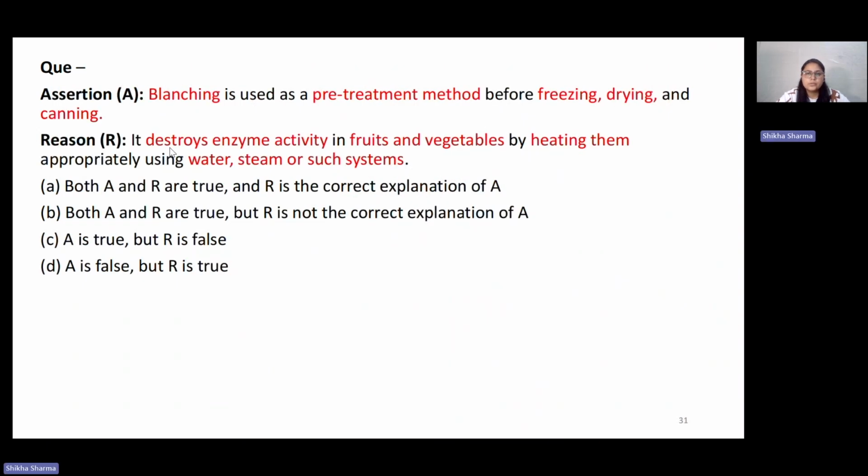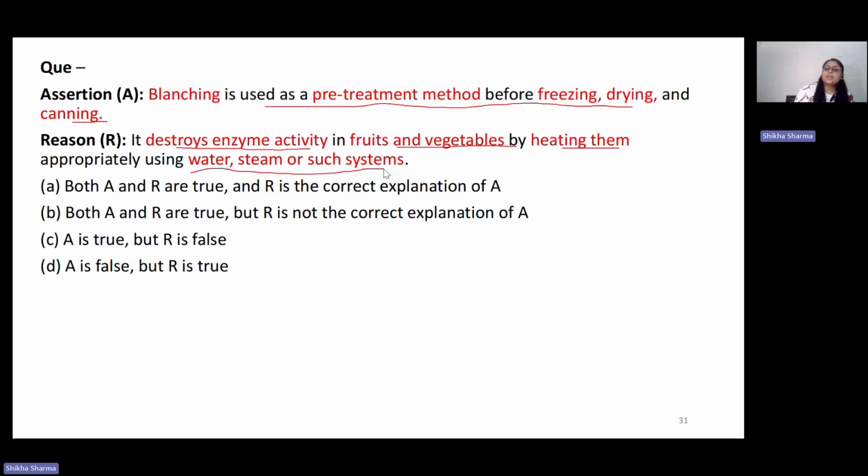Okay, so let's move to this question, which is about blanching. The assertion is saying that blanching is used as a pre-treatment method before freezing, drying, and canning. The reason is saying that it destroys enzyme activity in fruits and vegetables by heating them appropriately using water, steam, or such systems.